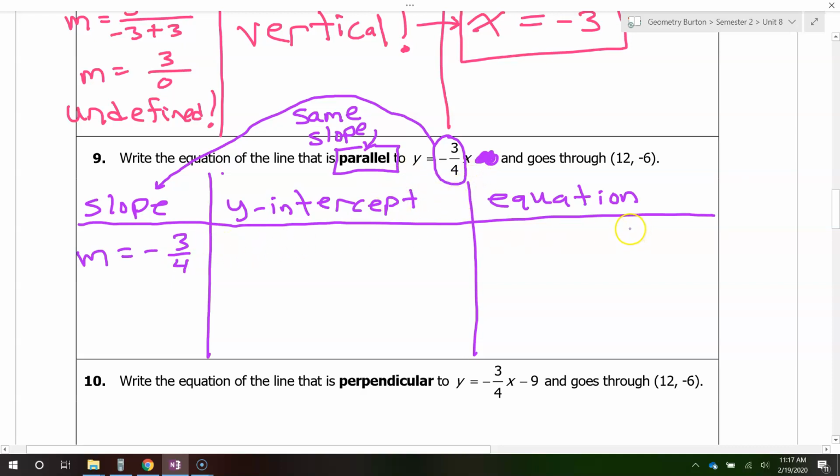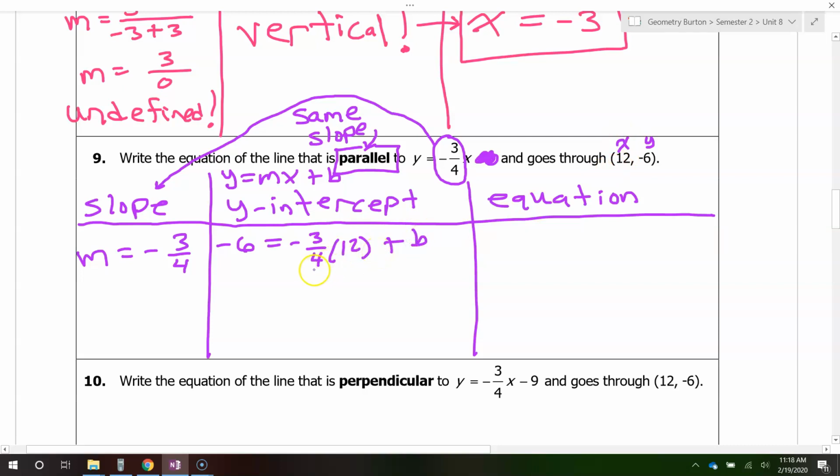The rest of the process is the same as what we've been doing. I'm going to use my whole y = mx + b deal. For a y value, I'm going to use -6. So I'm going to have -6 equals. m is the slope, which we just had, so that's -3/4. x is 12, so I'm going to have the 12 right here, and then plus b.